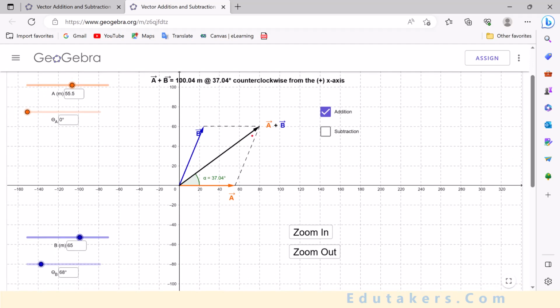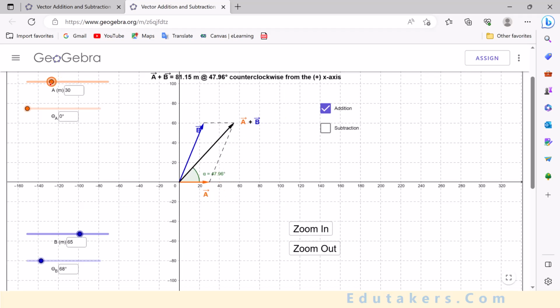So the two vectors A and B, you are going to add these vectors. I suppose that the first vector A is 19.5 meters and the second vector B is 27.5 meters. Then both of these vectors are shown here.